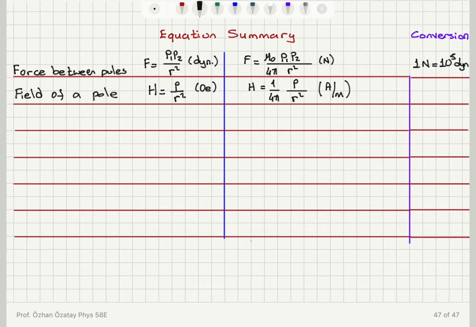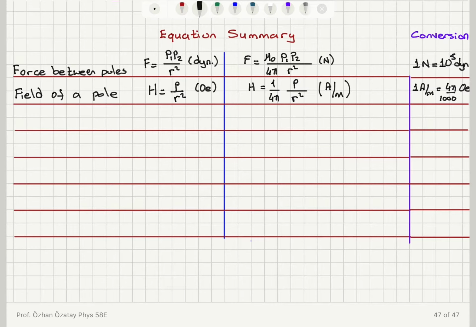And the conversion between ampere per meter and Oersted is that 1 ampere per meter is 4 pi divided by 1000 Oersted, or 1000 over 4 pi ampere per meter is 1 Oersted.